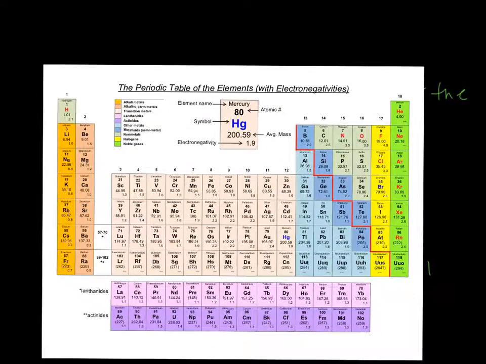F is the most electronegative, and so the bond that it makes with hydrogen is going to have the biggest difference of electronegativity. So that bond is going to be more polar than HCl, which will be a little bit more polar than HBr. And then HI will be the least polar of those.